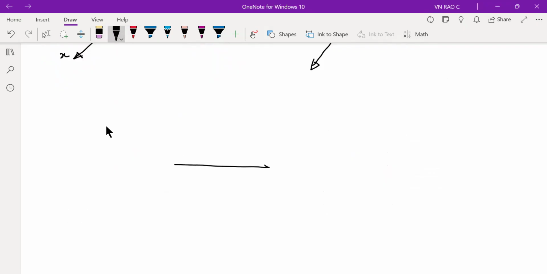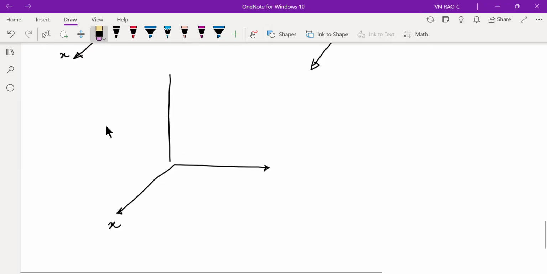This is the y-axis. This is the x-axis, and this is the z-axis.